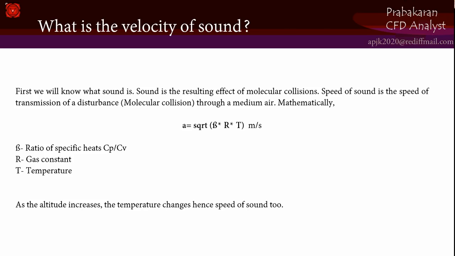I referred to the book by Anderson named Fundamentals of Aerodynamics, and I found this equation in that book, where the velocity of sound a is equal to the square root of gamma R T. Here gamma represents the ratio of specific heats, so the value of Cp by Cv is 1.4, R is the gas constant, 287 joules per kg Kelvin, and T is the temperature.